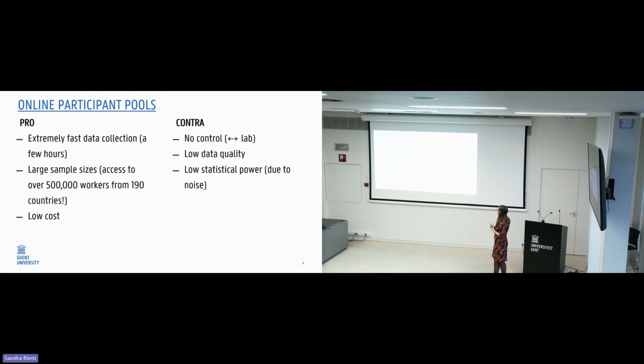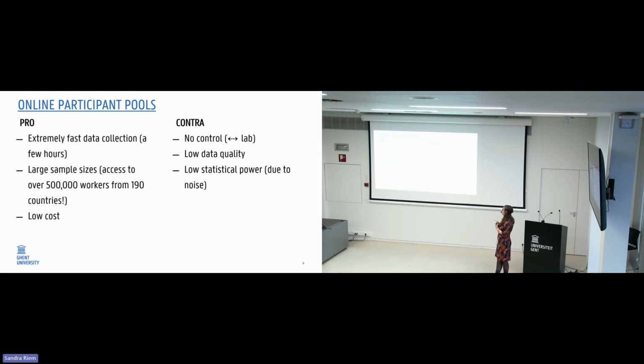A bit on the pros and cons of online participant pools. It's based on the experience that we have in our research, but also on what you read about it in the literature. I have some experience with Prolific, not that much, but I've read a lot about it because I'm an experimental researcher, and I mainly run my experiments in the lab. But of course, sometimes you have to switch to an online participant pool.